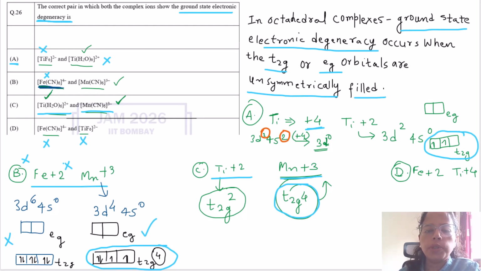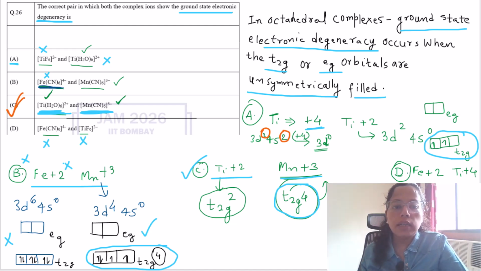So option C should be our correct answer, where both the complexes Ti(H2O)6 2+ and Mn(CN)6 3- show an unsymmetrical filling of T2G, and thus show electronic degeneracy.